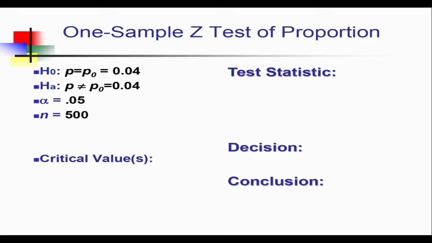For this specific example, the first thing we need to check is whether the quantity n times P0 times Q0 is greater than 5 or not. If greater than 5, we're going to use the following procedure. Otherwise, we need to use the exact binomial method. You can see for this example, n times P0 times Q0 is 19.2, greater than 5. Then we're going to use the Z test, the standard normal test.